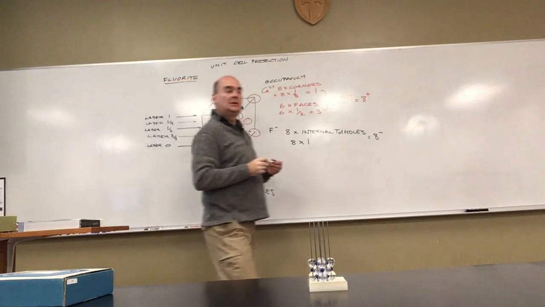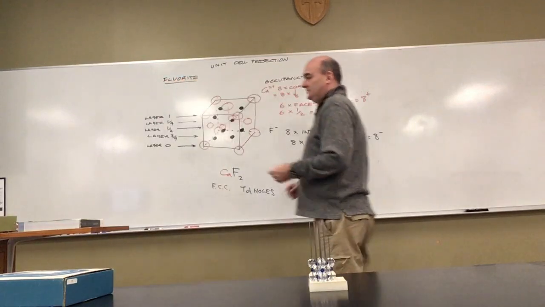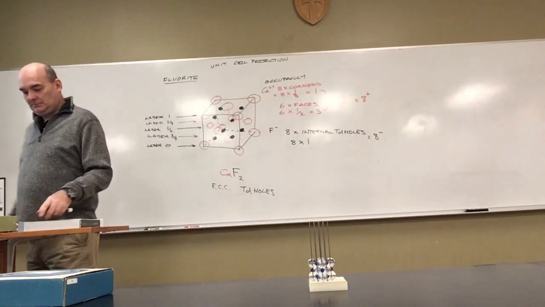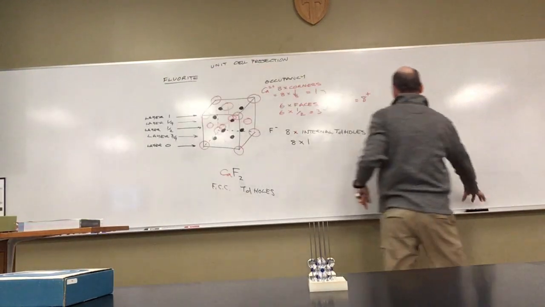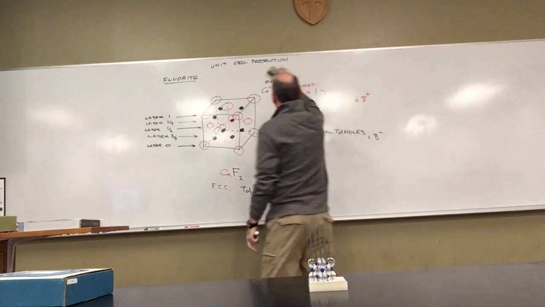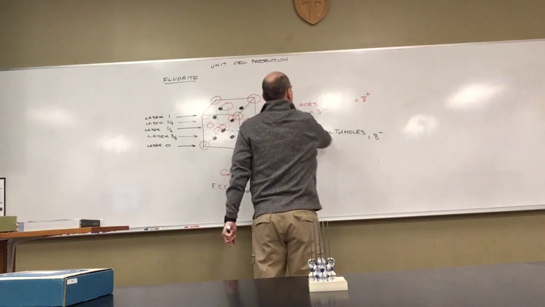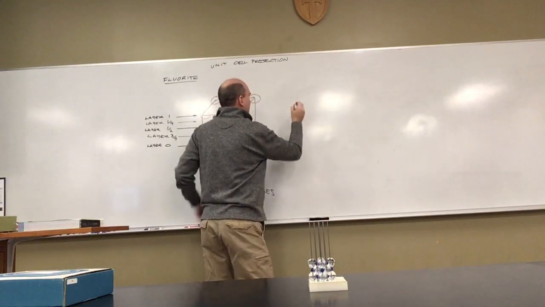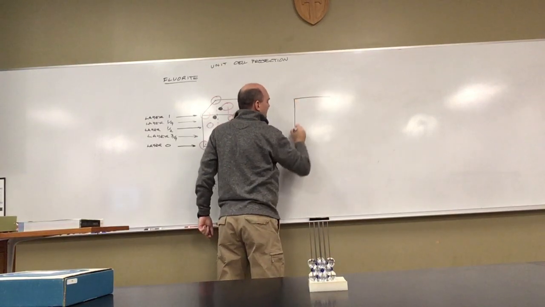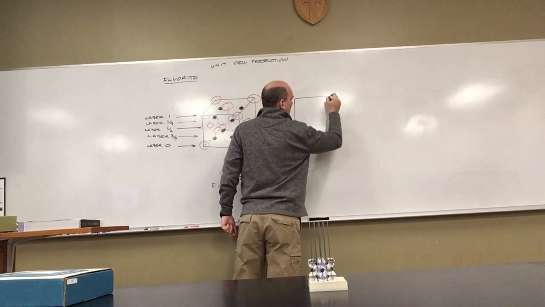Okay. Let's see if we can do it. I'm going to erase this because we've already written the occupancy stuff down. I'm going to do it so that my projection can be close to my unit cell diagram. All right, nice and big and clear.